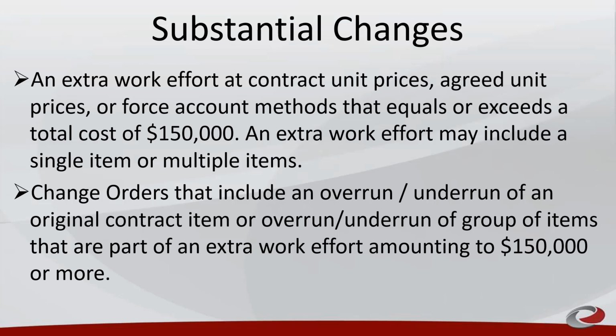Change orders that include an overrun or underrun of original contract item or group of items, scope of work, are part of a change order amounting to $150,000 or more are considered substantial.